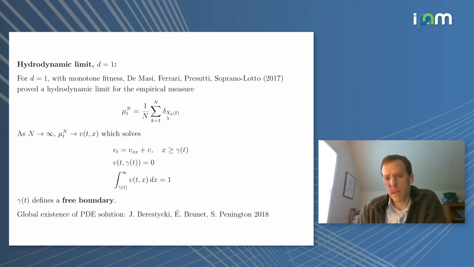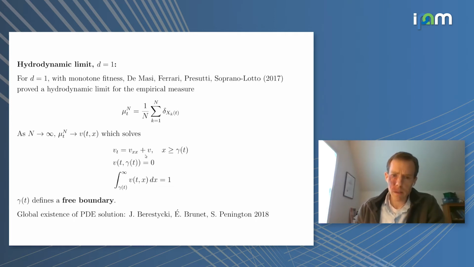There's an atom at the position of each particle, weighted by 1 over n. And they proved that as n goes to infinity, for each positive time, the empirical measure converges to a measure which has density v, which is related to a free boundary problem here. Global existence of a solution to this free boundary problem was proved by my co-authors Berestycki, Brunet, and Penington.